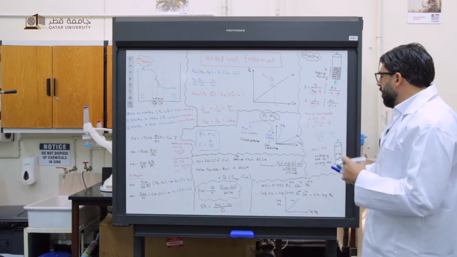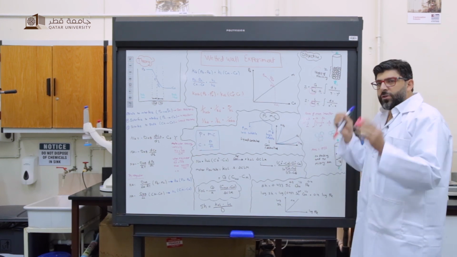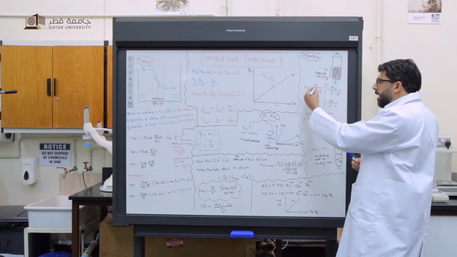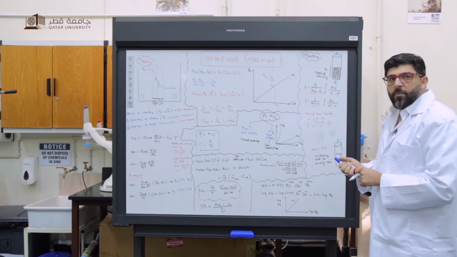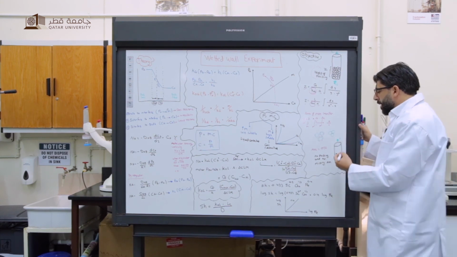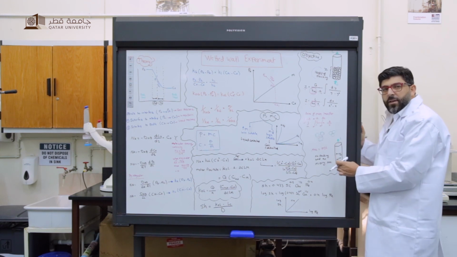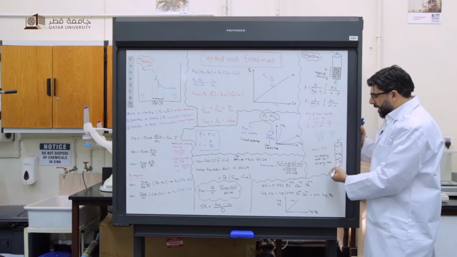In order to compensate for this problem and get an accurate area, to find accurate KOL and KOG, I use another column called the wetted wall column. The wetted wall column is similar to an absorption column, but without any packing in it.